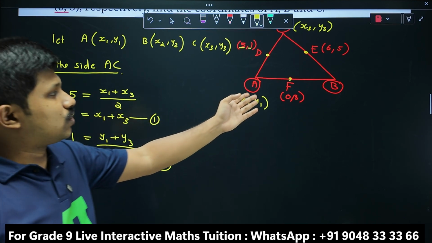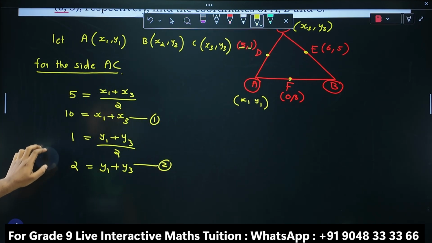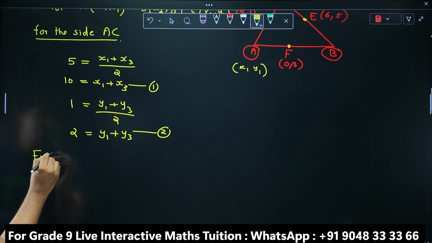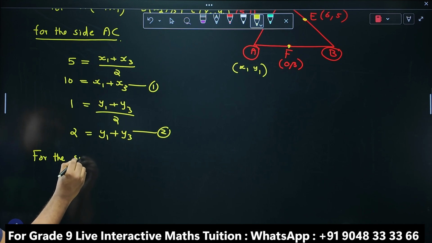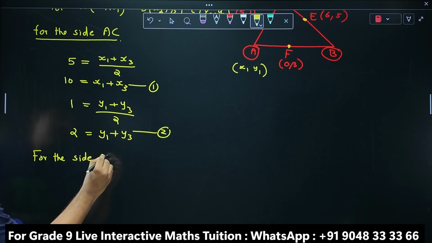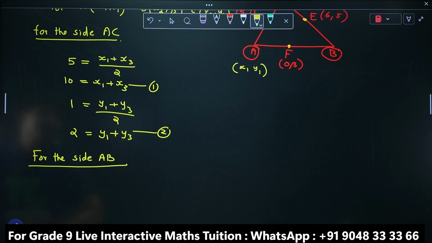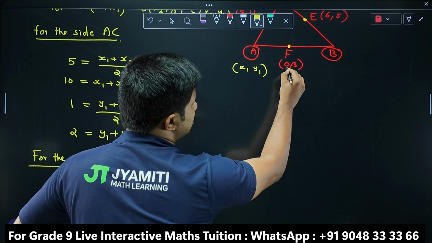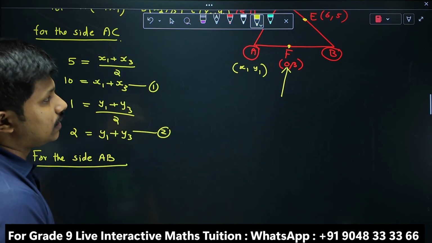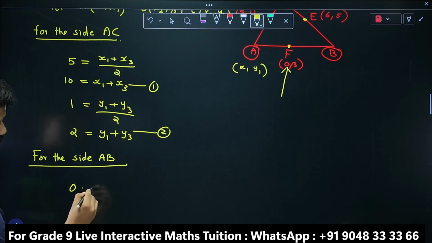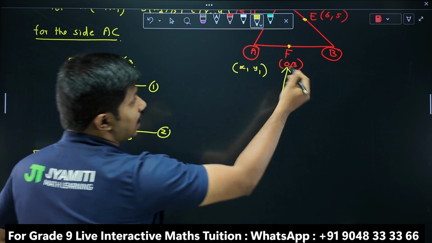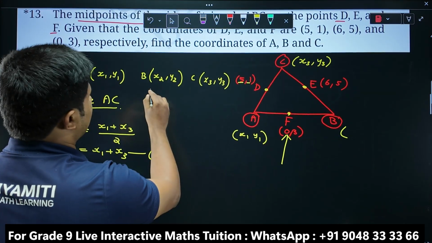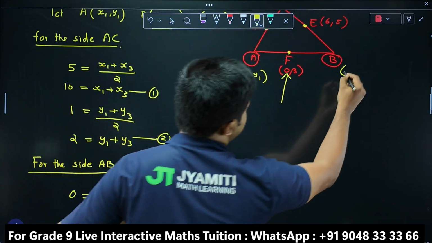Now let's analyze the side AB. For the side AB, the midpoint is F. So the x coordinate of the midpoint is 0. We have defined B as (x2, y2), right?